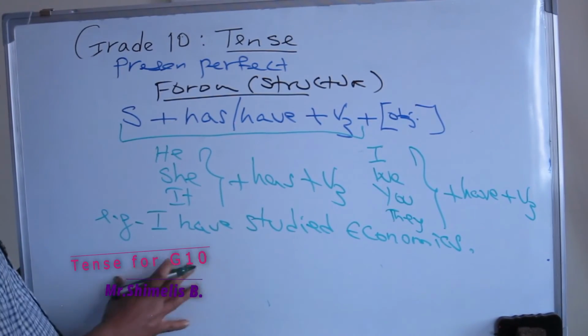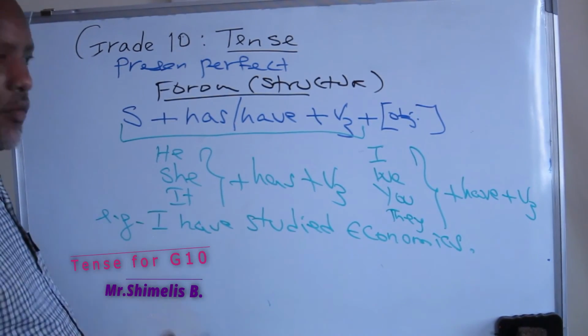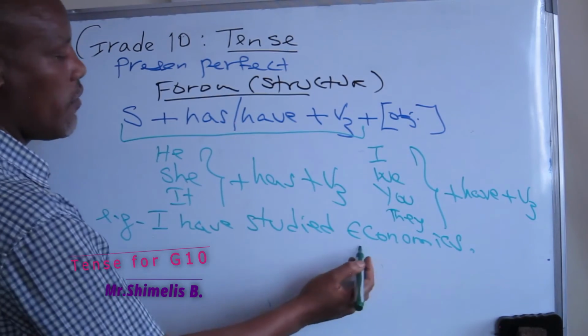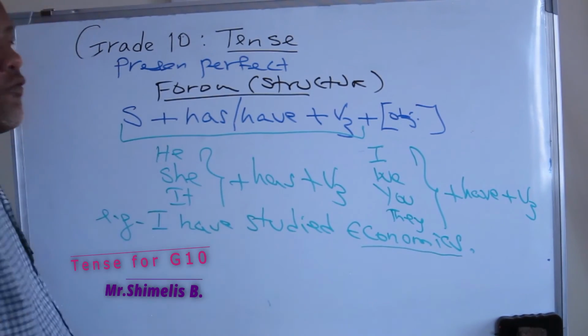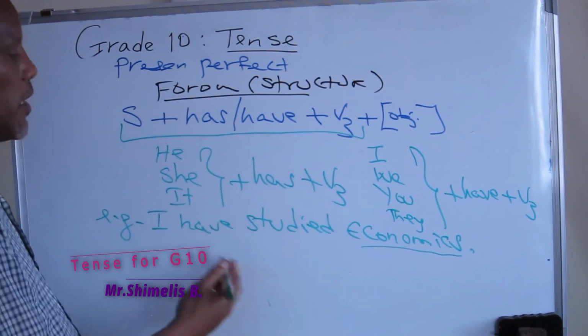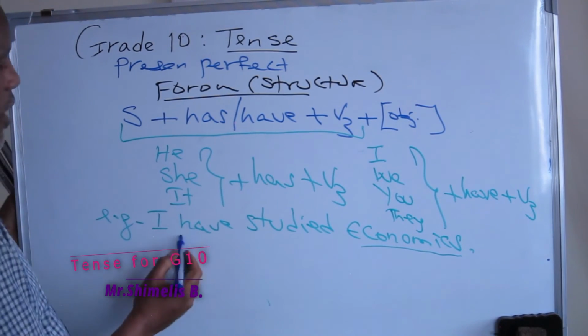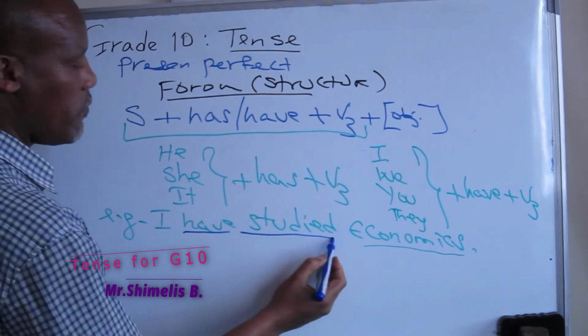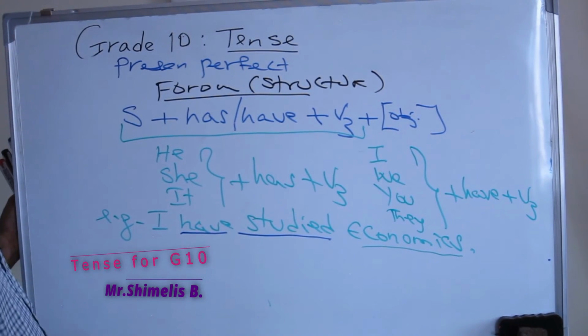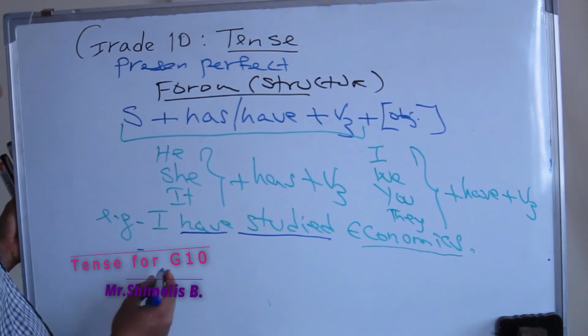When you say this, you mean that this time you have some know-how of economics. You have some background of economics. As you can see, we have used have as an auxiliary verb, and the main verb is in past participle. Okay, let's add one more.